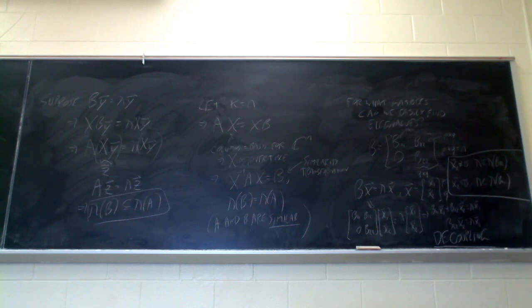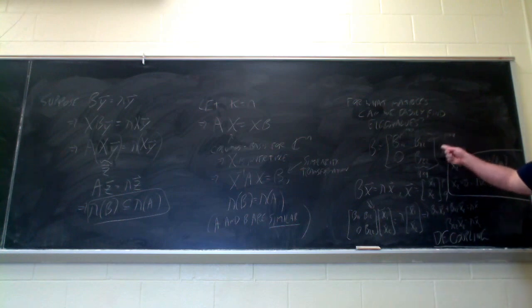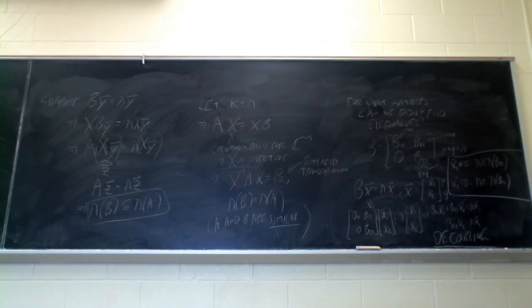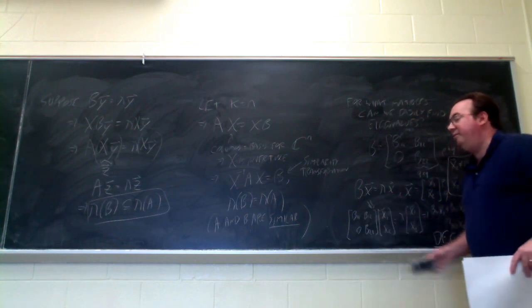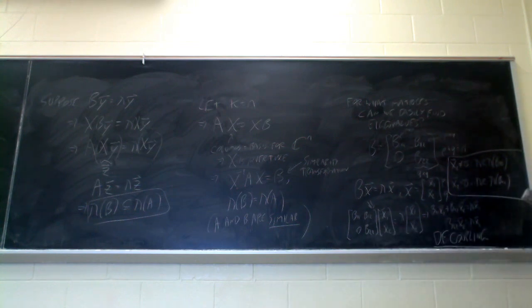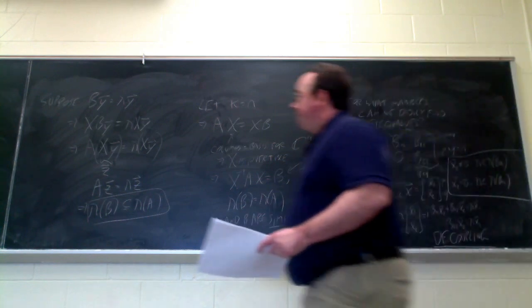So we can continue breaking this down into something that is not just block upper or lower triangular like this, of these 2 by 2 block structure, but any number of blocks. So what that means is the eigenvalues of a triangular matrix are just the diagonal entries.